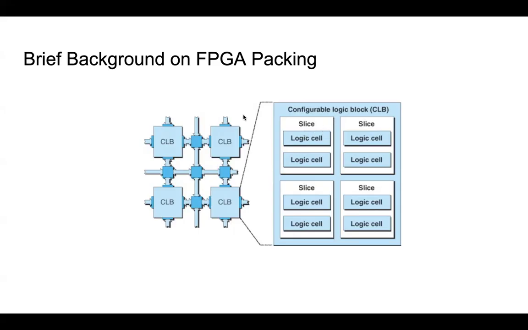In packing, you need to build another tree that's the equivalent of this tree, but with actual atoms in the netlist. So you have maybe a lookup table and a register in the netlist, and you have to make up this hierarchy with the atoms you have in the netlist, or to be more accurate, with the molecules you have in the netlist.